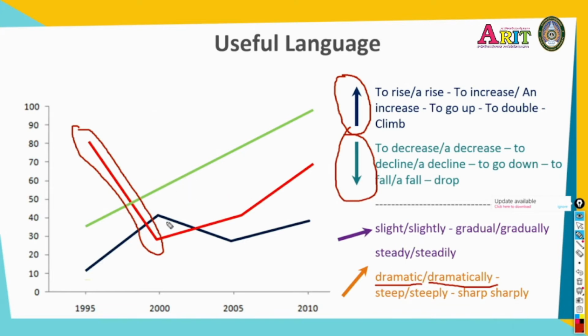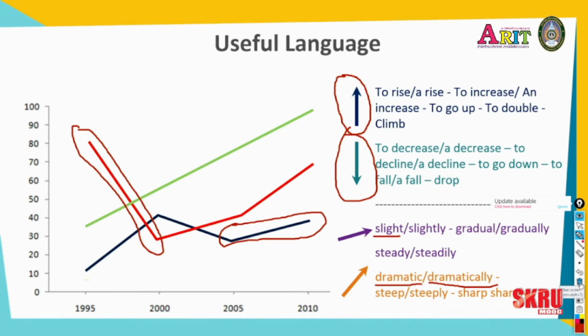Sometimes the increase is much softer, or the decrease. Here between 2005 and 2010, you can see our black line going up, it's increasing or rising. So to rise, but only a little bit. So it's a slight rise.